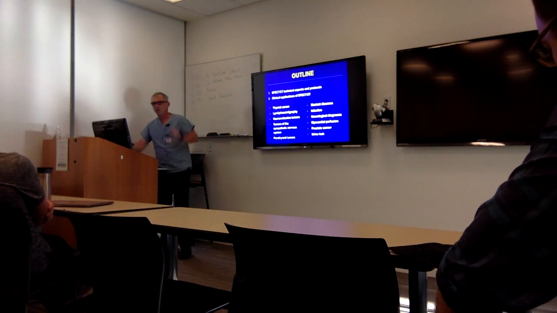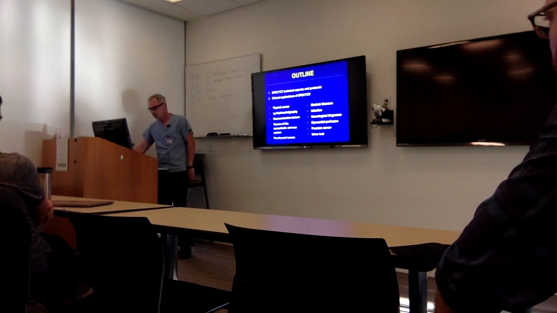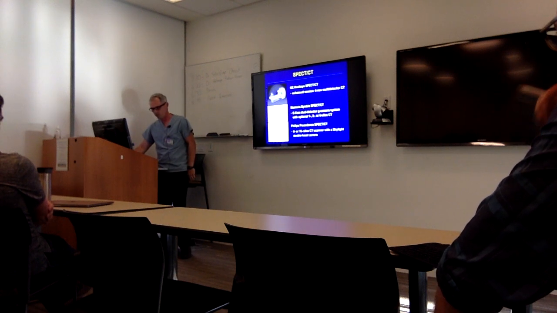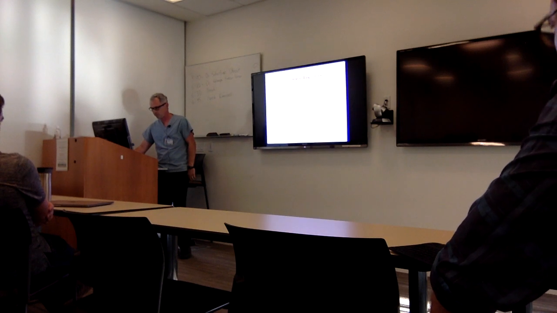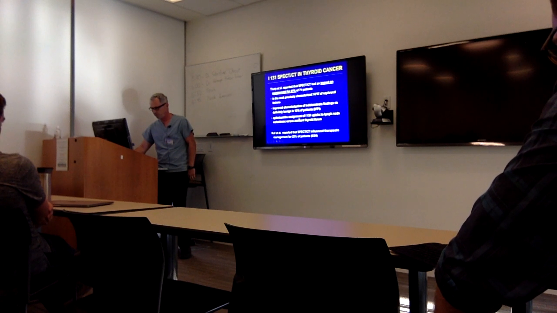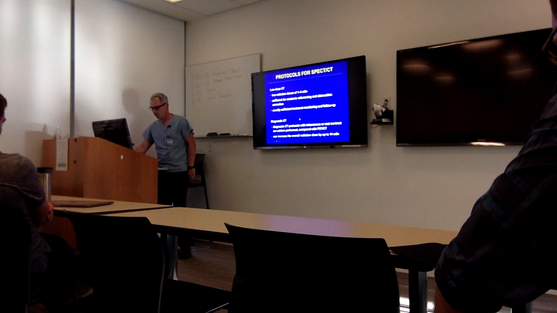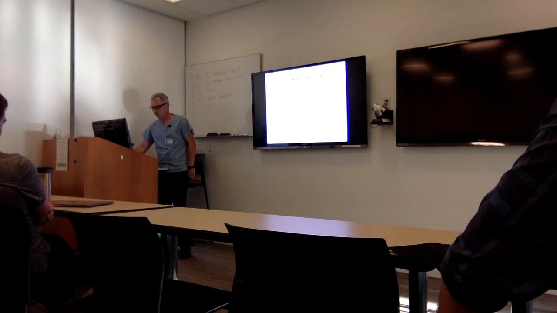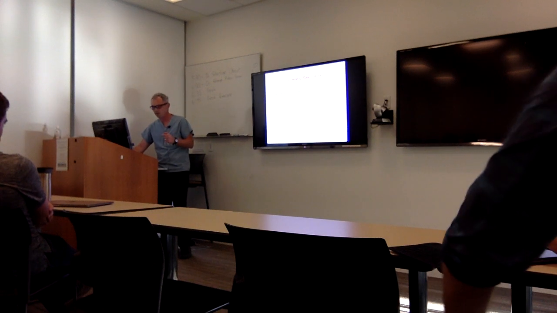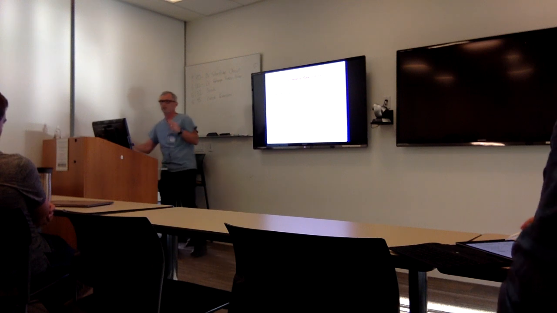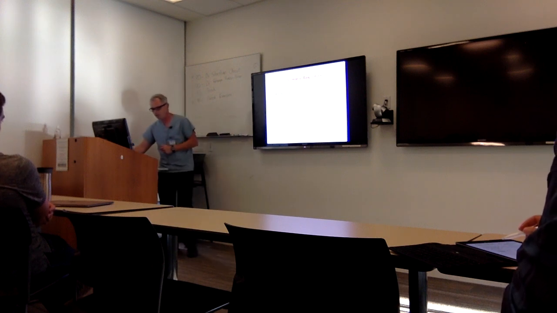The SPECT camera only has a single photon that's emitted, and so you have to have these lead tubes that are only going to allow you to accept photons that are perpendicular to the detector.